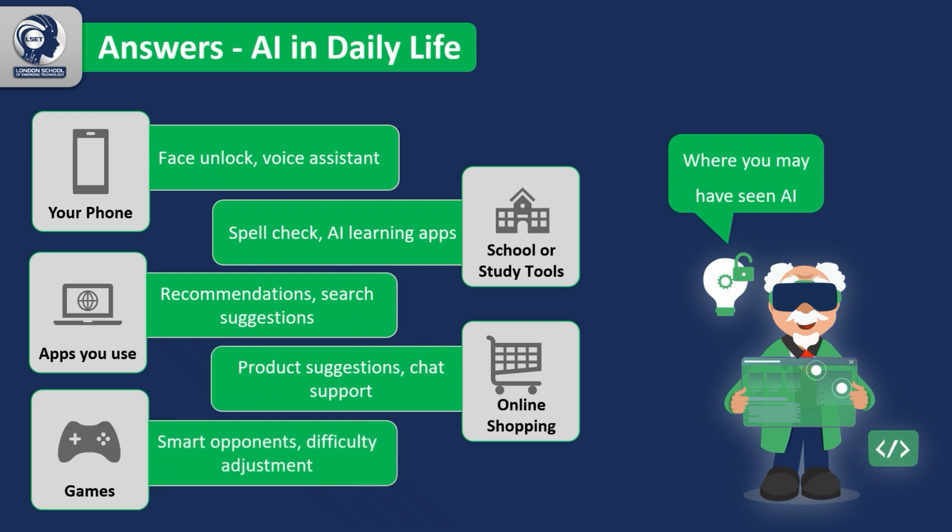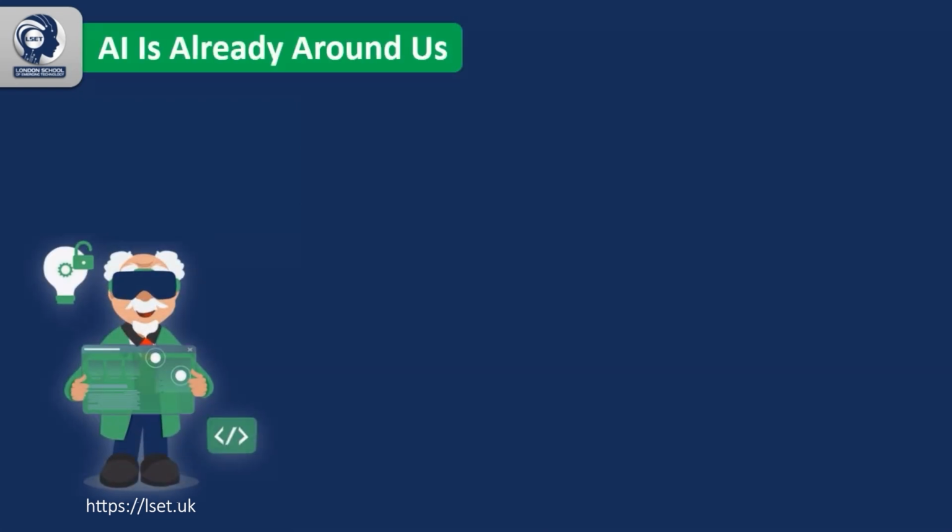In games, opponents can adapt to your playing style. During your studies, tools like spell check or learning apps also use AI. And as you can see, AI is already a part of your everyday life, even if you do not always notice it.